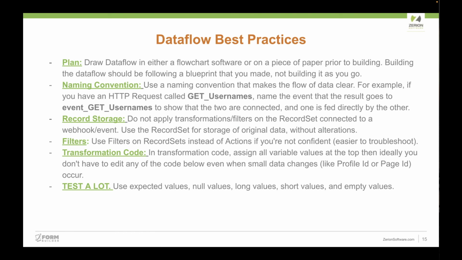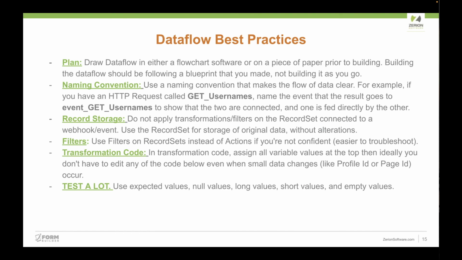This is the same suggestion that we have for when you're building out your forms as well. This produces the best result and the least amount of headaches. Another best practice that we have with data flow as well as with form building is to make sure you're using a naming convention that makes the flow of the data clear.